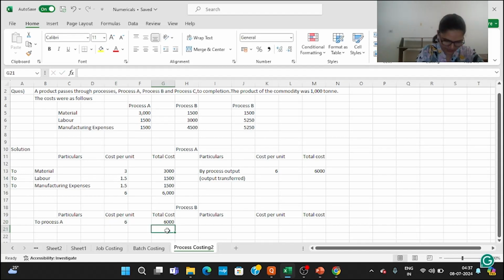Next is to material, labor, and manufacturing expenses. Similarly, we will record them over here.